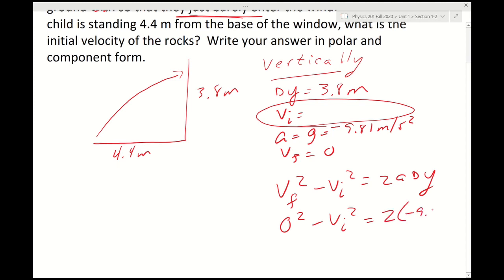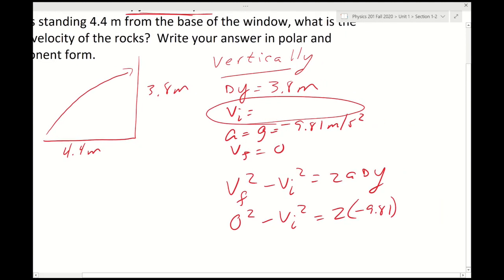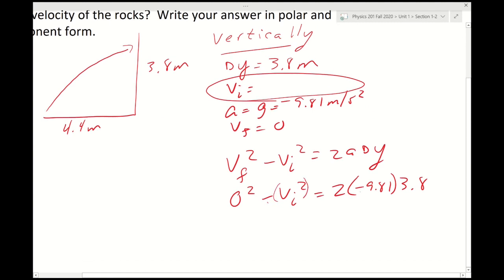Our acceleration is due to gravity. It's negative 9.81, and we go up 3.8 meters. Now be careful here. Remember, this negative is not a squared term. It's the negative on all of that. That means these two negatives will cancel out.